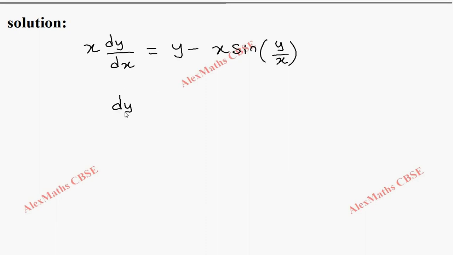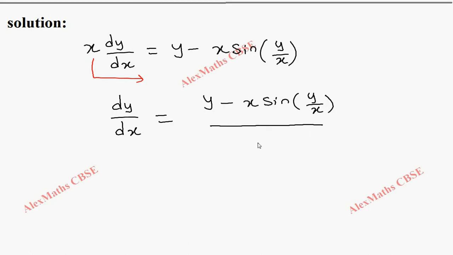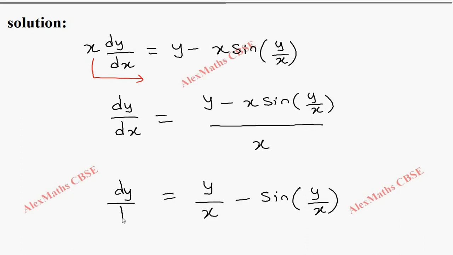So let's write dy by dx equal to, taking this x term to the other side denominator, y minus x sine of y by x whole divided by x. By dividing individually, the first term is y by x and in the second term we can cancel this x, so we are left with only minus sine of y by x, and on the other side we have dy by dx.